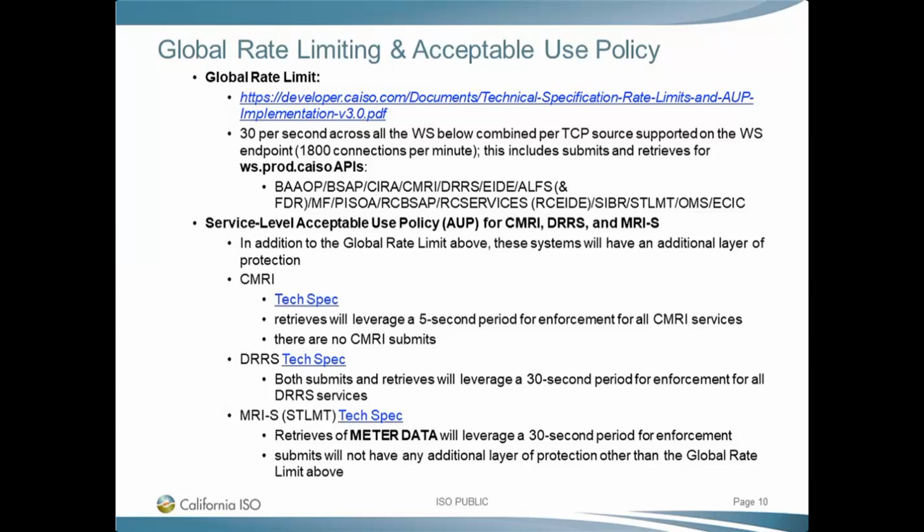For CMRI, for all of the services, which are all retrieves because CMRI does not have submits, there will be a 5-second period for enforcement. For DRS, all submits and retrieves, or all services for DRS, will be subject to a 30-second period for enforcement. And for MRIS, only the meter data retrieves will have a 30-second period for enforcement.